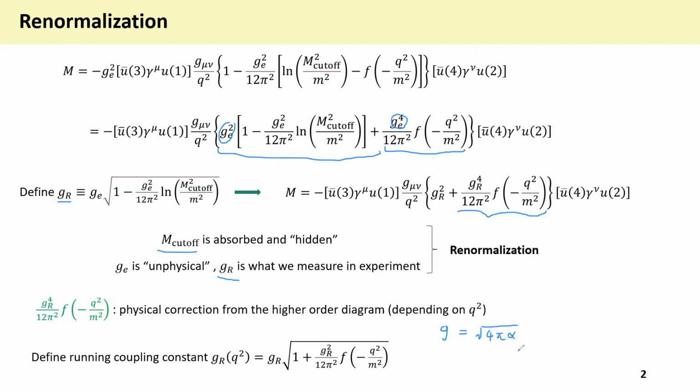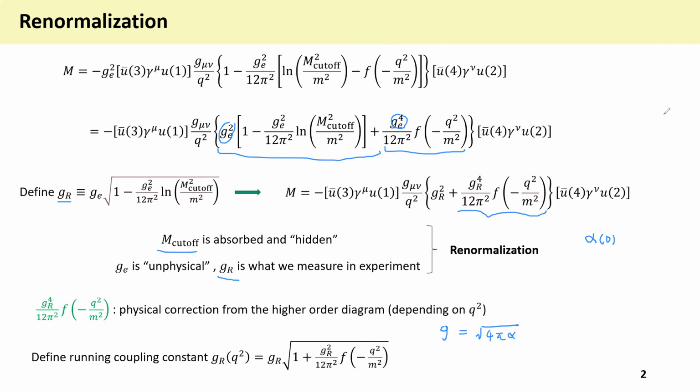So we can measure the fine structure constant in experiment to validate the theory. Usually, if Q squared is equal to 0, that means there's no momentum transfer.